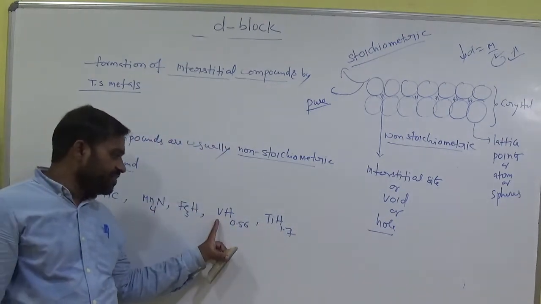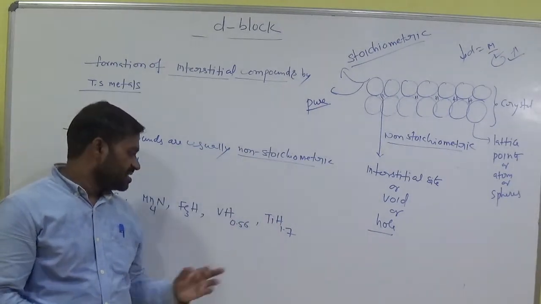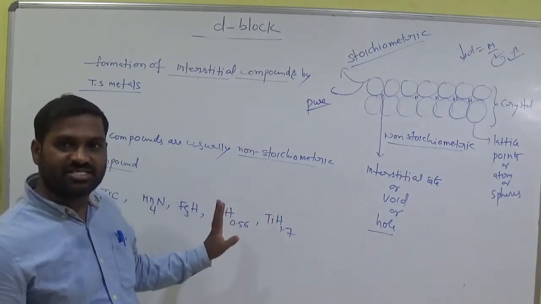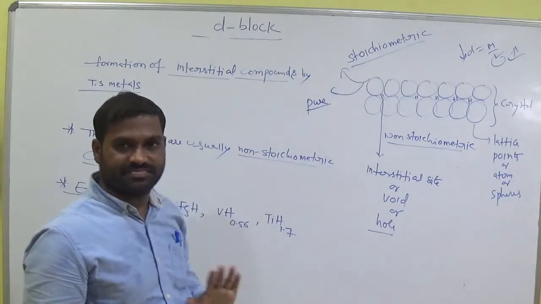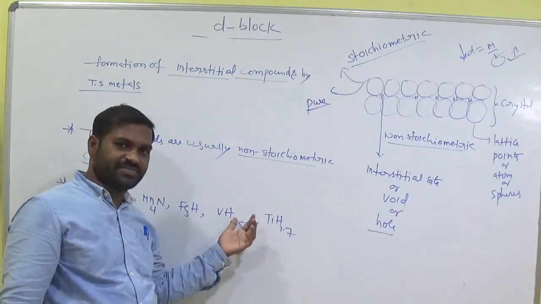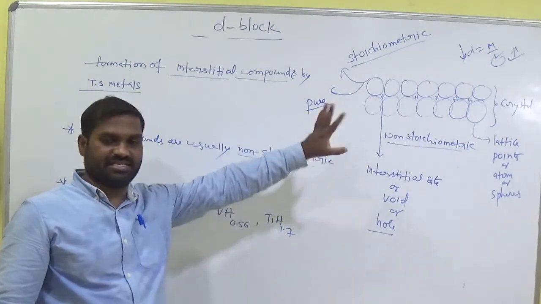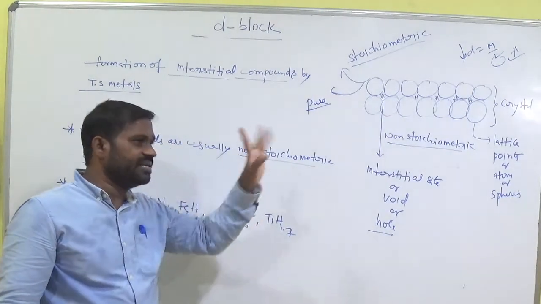So vanadium is a transition metal, and hydrogen is added. 0.56 means there is not complete hydrogen in that position. Out of 100, only 0.56 of hydrogen is added in the crystal. Clear?